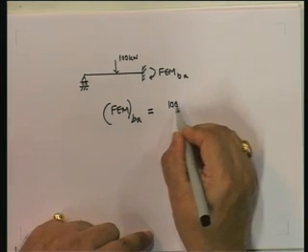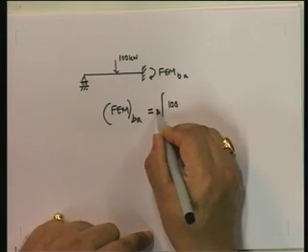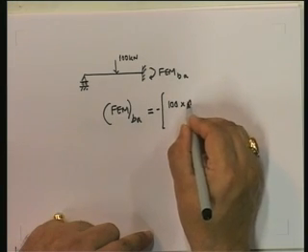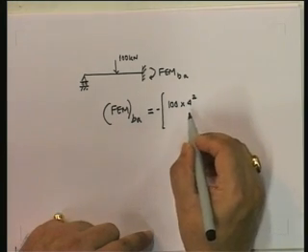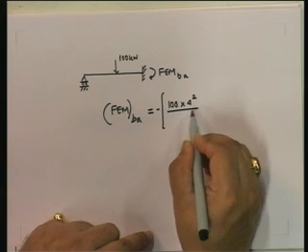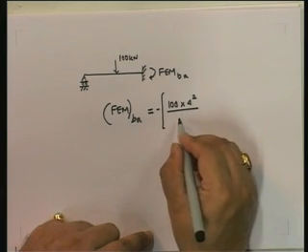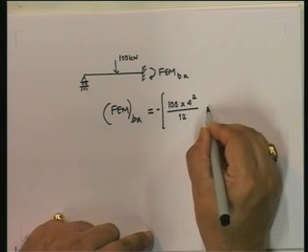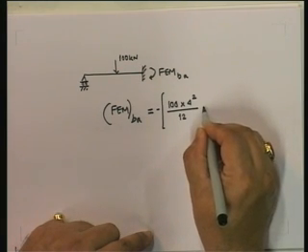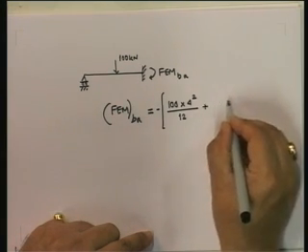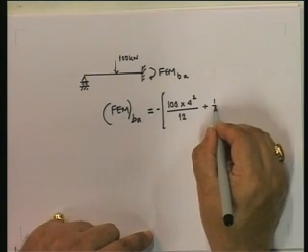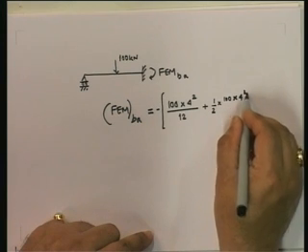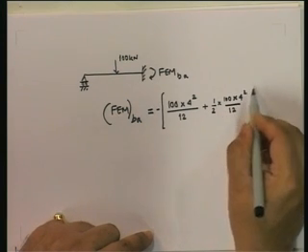Of course the entire thing is minus, but 100 into 4 squared divided by 12, plus 1/2 of 100 into 4 squared upon 12.